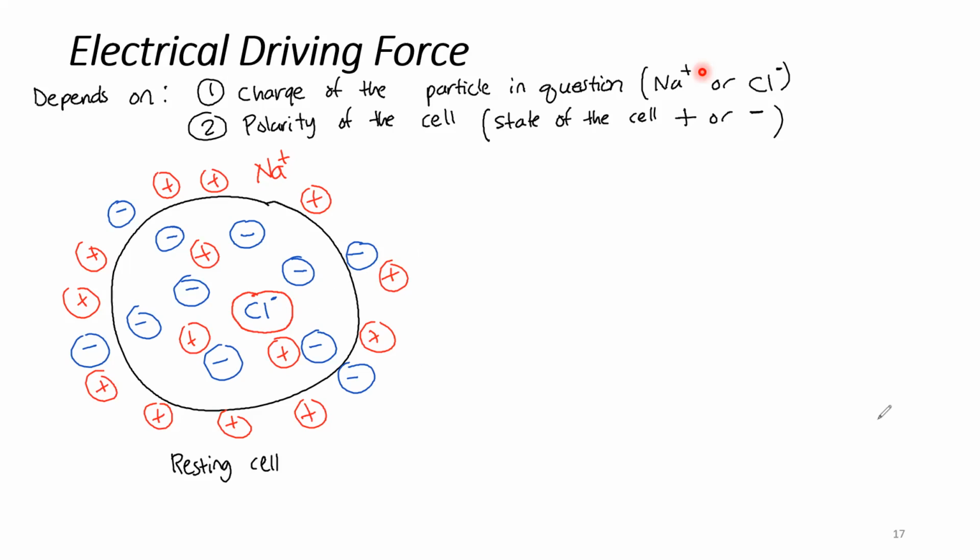So let's draw that in here as well. So there's a strong electrical driving force trying to move chloride to the predominantly positive area. On the other end, there's a strong driving force that wants to move an ion like sodium on to the inside of the cell where we have more of that negative charge.